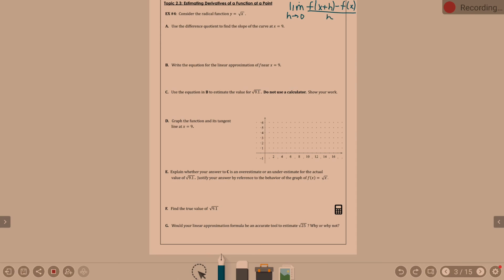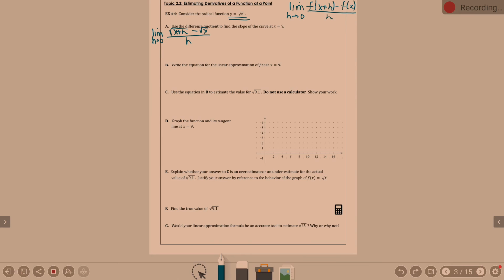So if I do that here, the limit as h approaches 0, we're using square root of x. What is f of x plus h? Take the x, replace it with x plus h: square root of x plus h, minus f of x, which is square root of x, all over h.